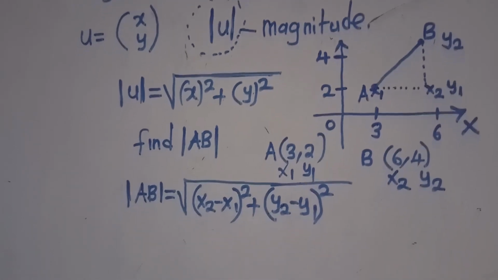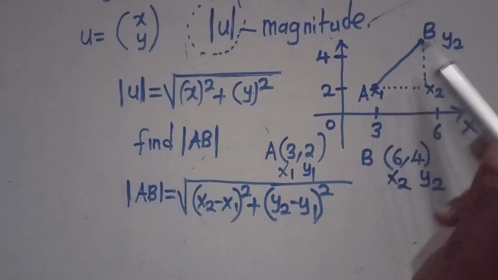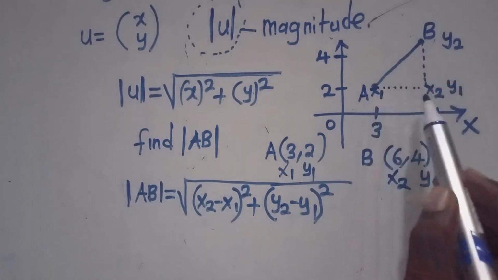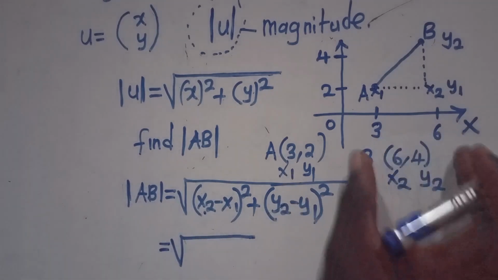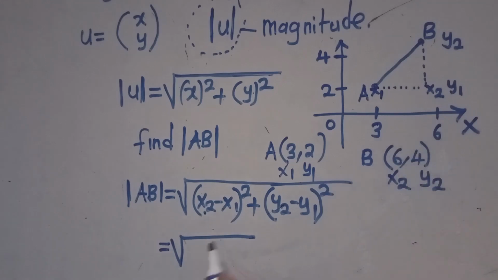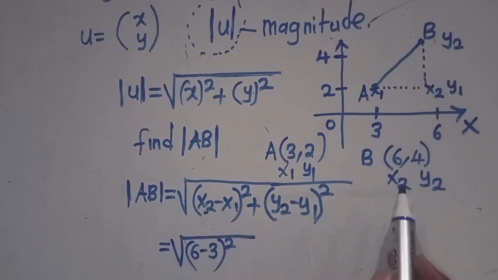So this is a particular formula that you get to use if points are given in coordinates. So you've got a coordinate here. You are able to agree with me that x2 is 6 and x1 is 3, which is 6 minus 3, squared.